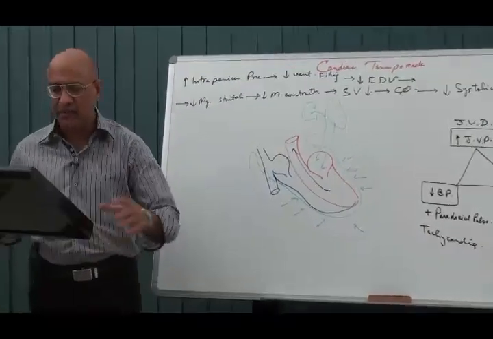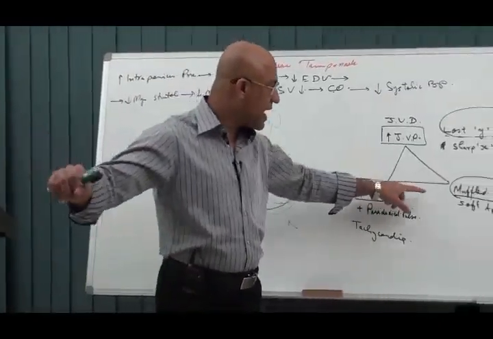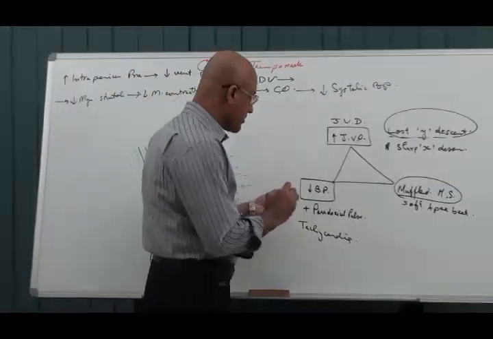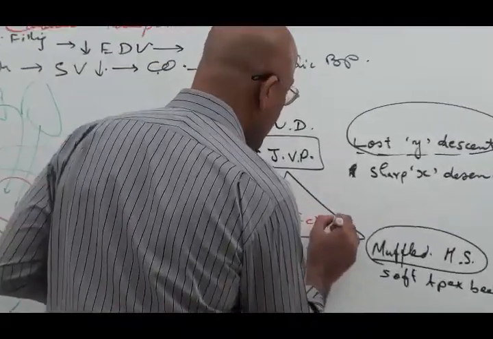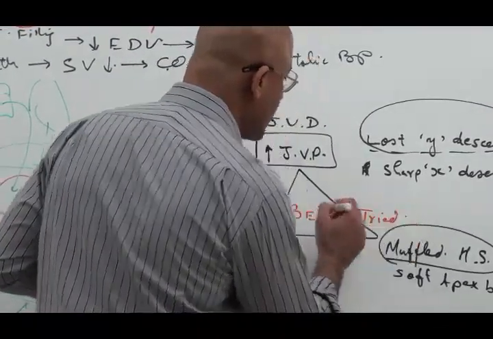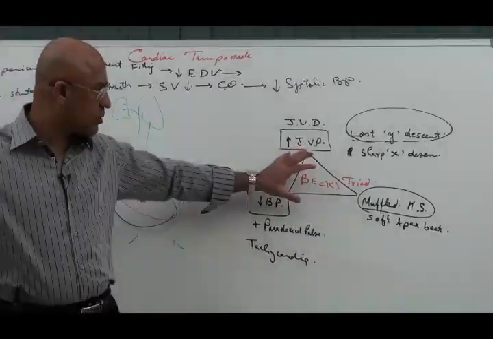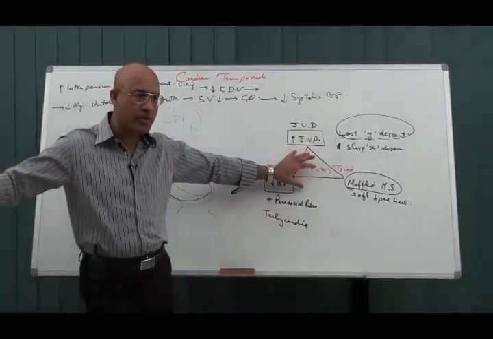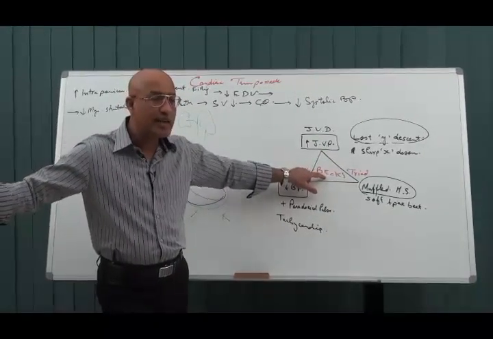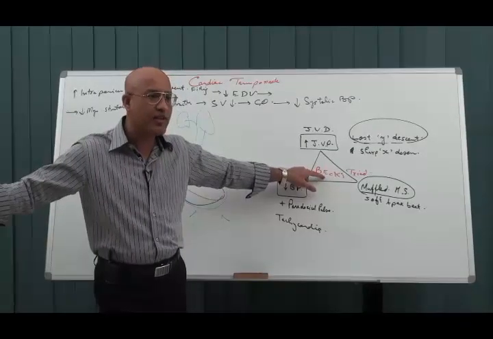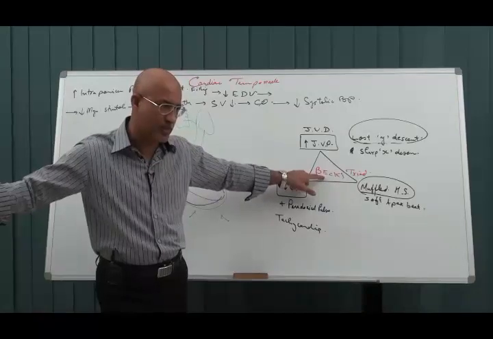But before I leave this part of the lecture, I would say the classical Beck's triad. This classical Beck triad of signs and symptoms, or you can say this clinical situation, is classically seen in acute tamponade in which there is rapid deterioration in hemodynamic parameters.